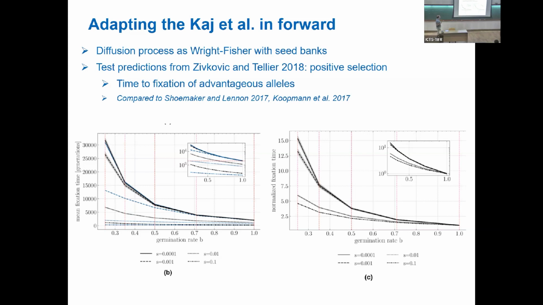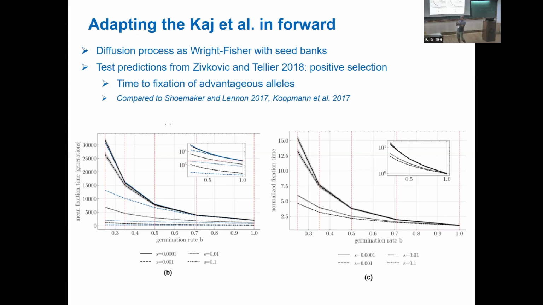Okay, and so maybe I'll just summarize here. The main point of what is interesting with the seed bank is that it will delay things, right? So what we were naively expecting is that if they delay selection, you have more chance that the allele gets lost, because you wait longer. But actually it doesn't happen, because you have the seed bank, so the allele can get protected in the seed bank nonetheless.